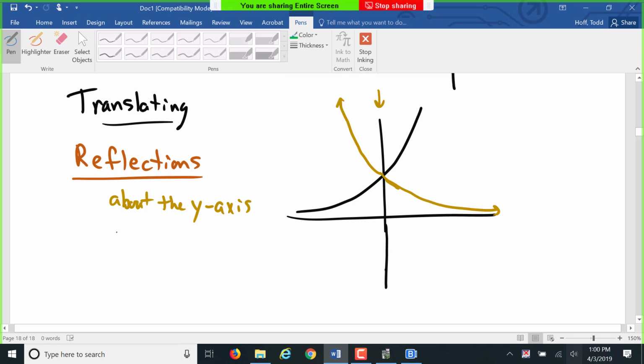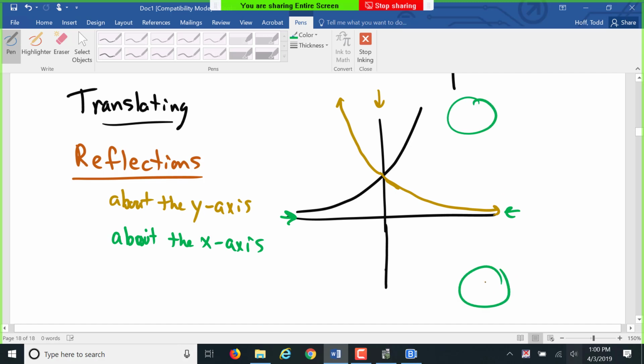Or it could be reflected about the x-axis. Of course, this is the x-axis here. That means every point above the axis gets moved to below the axis, and vice versa. Every point below gets moved above. So back to that black line, there's our original graph. The reflection about the x-axis would look something like that.